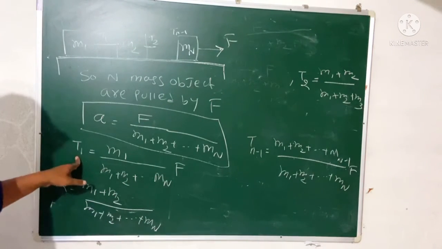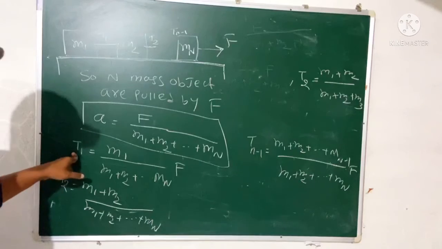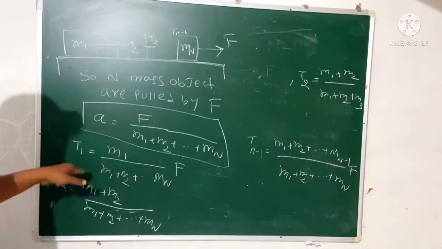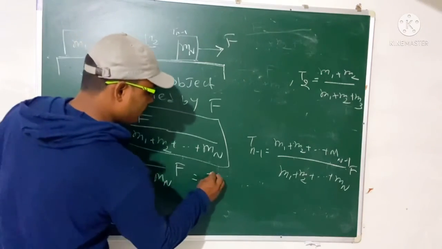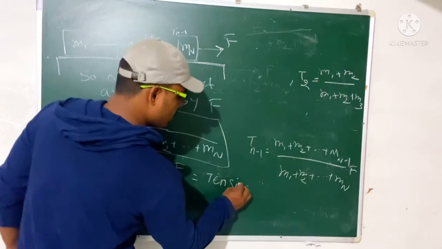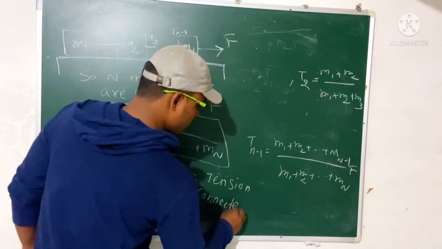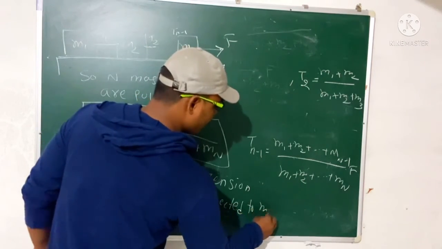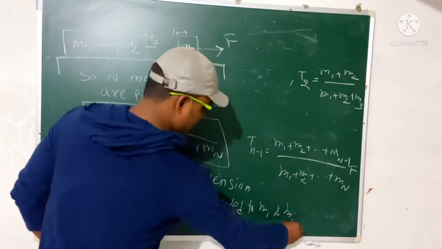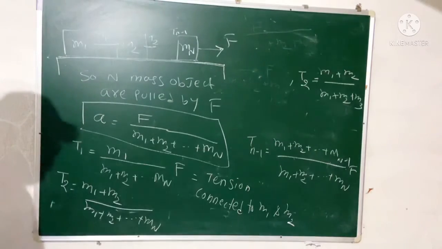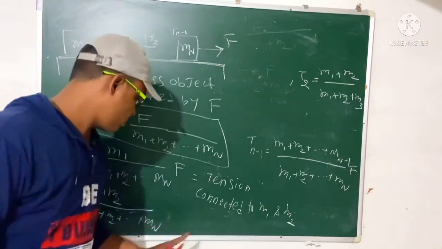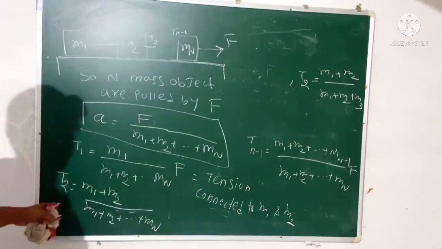But what is T1? This is the tension connected to M1 and M2. Remember, this is the tension connected to M1 and M2. What is T2? T2 is the tension connected to M2 and M3.